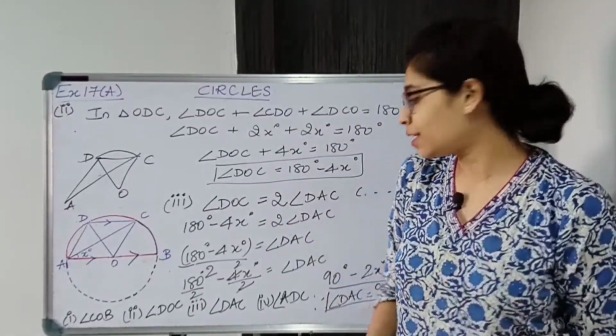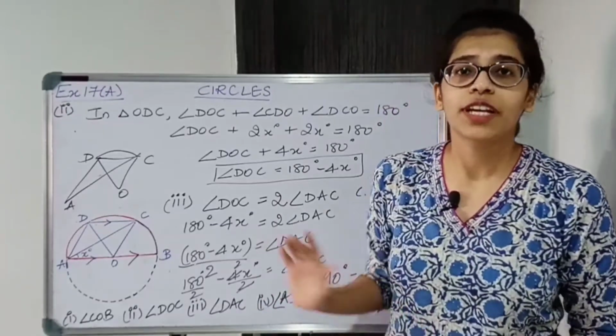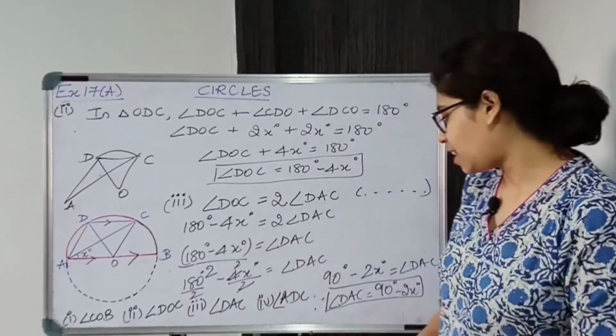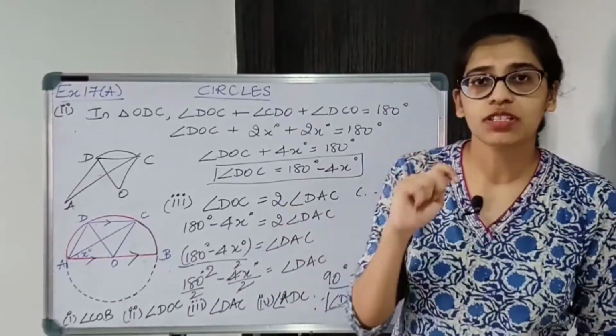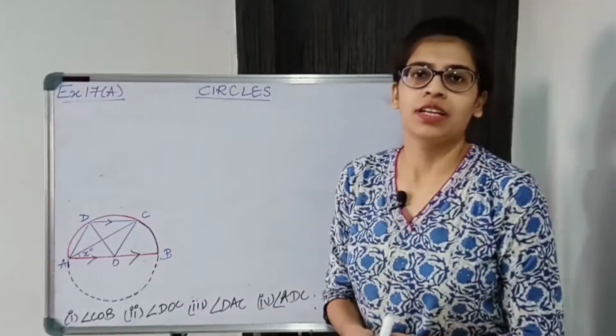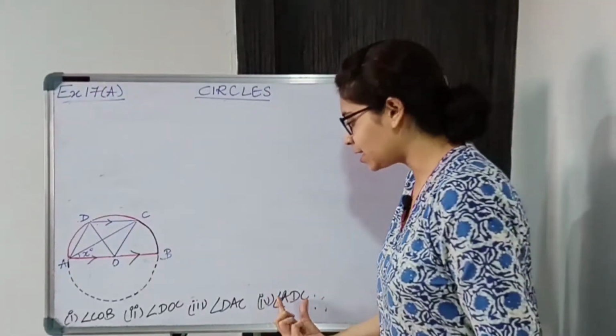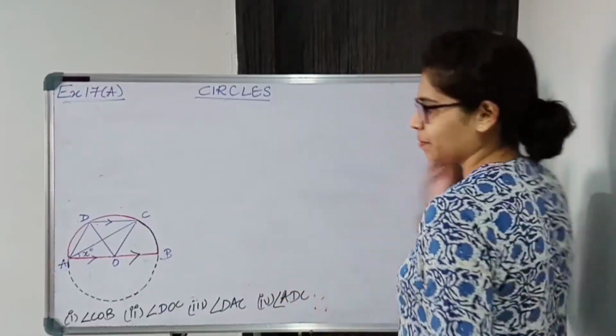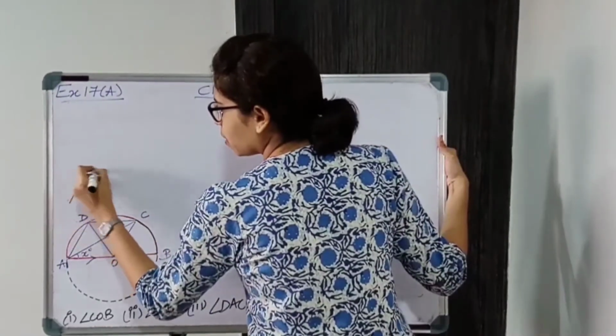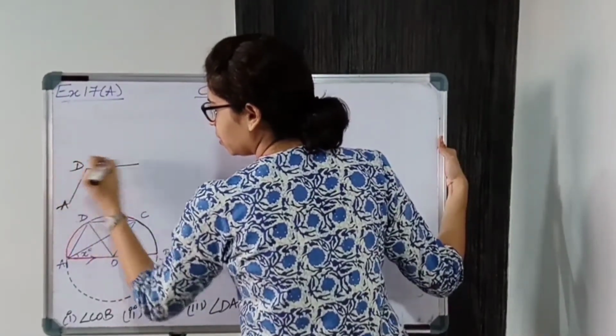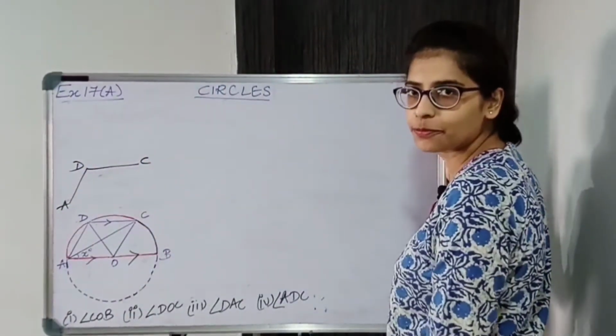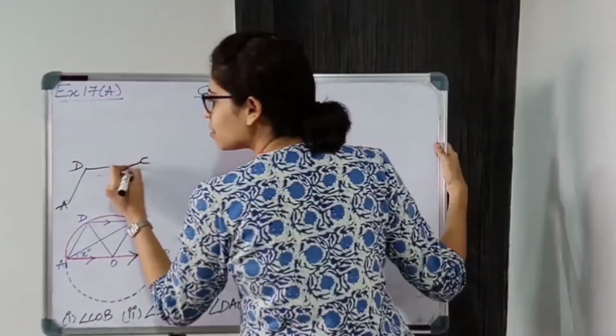Now we have to find angle ADC, and for ADC we'll be using the angle DAC that we just found. Okay. Now in the last part we have to find angle ADC. For that, let us consider this triangle.